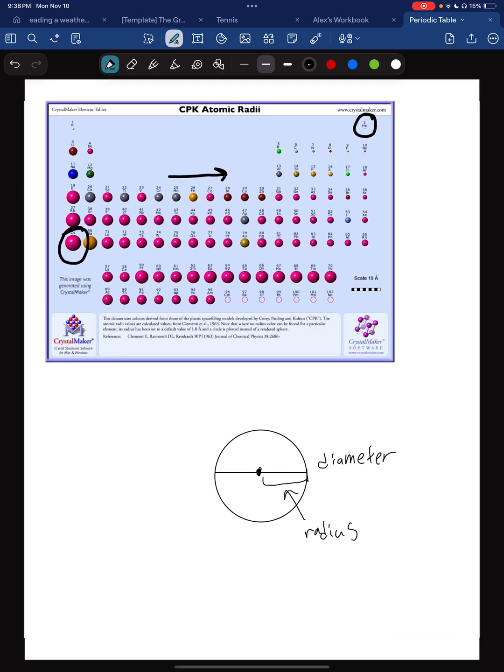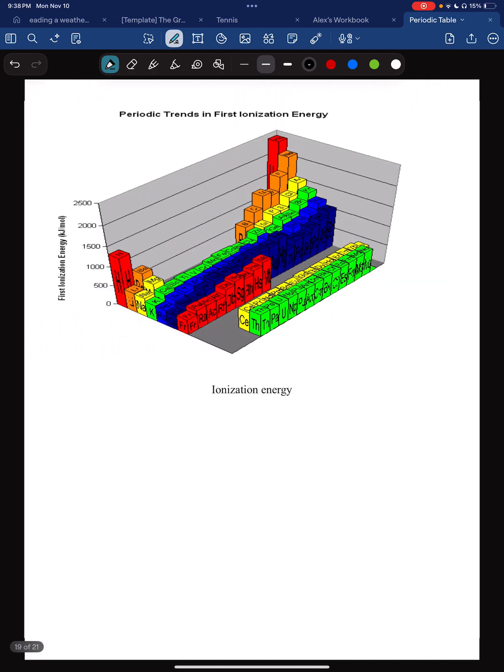So if we're looking here, helium, which is this one here, is almost 2,400. We can call that dollars to make it easier to think about. So that'd be $2,400, which is crazy expensive.